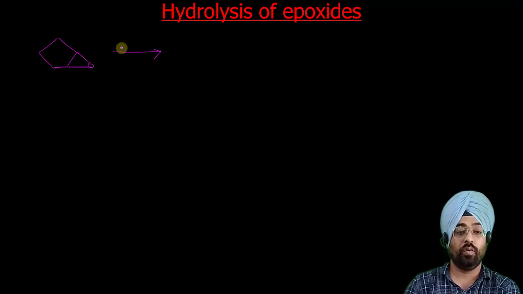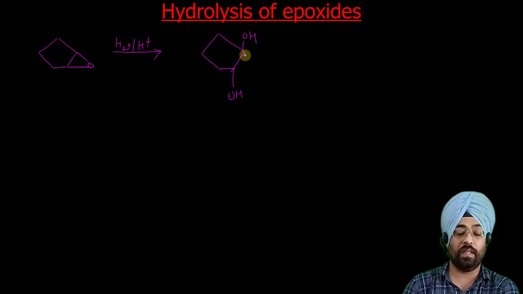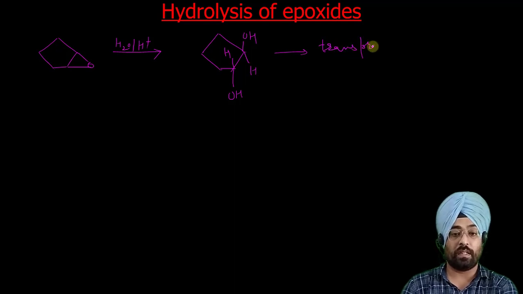If we do its hydrolysis, water and the H positive, then the product that we will get is, yes, this OH will come here and the other OH will be here. So this will be H, this will be H. So we will get a trans product. Why do we get the trans product?